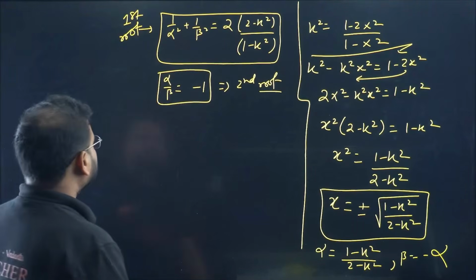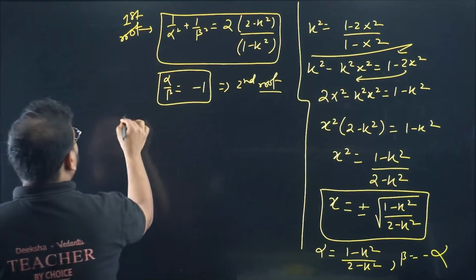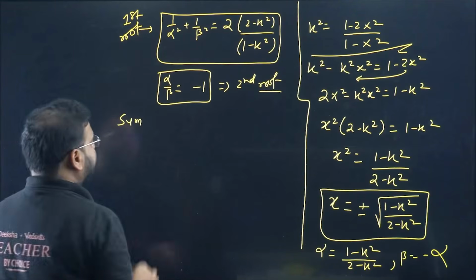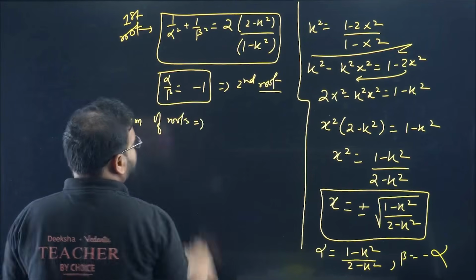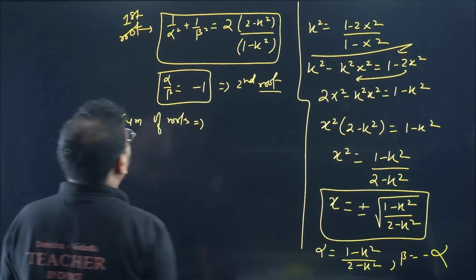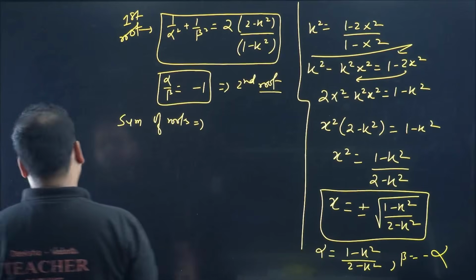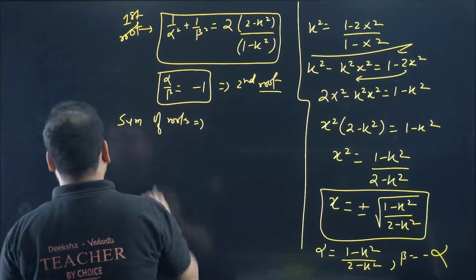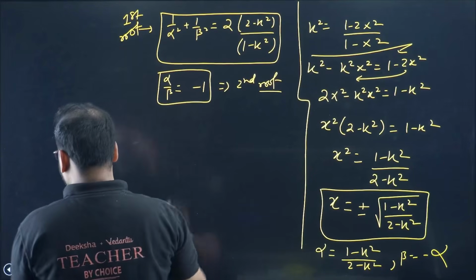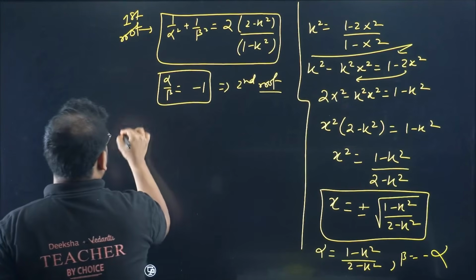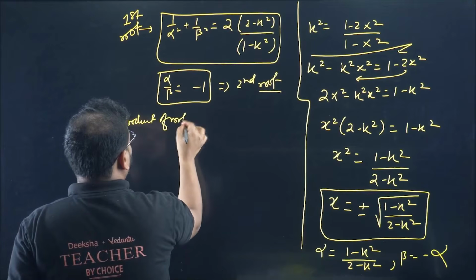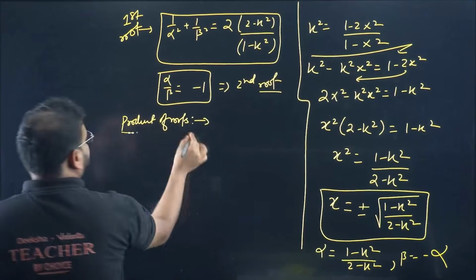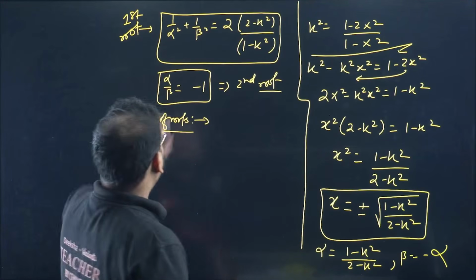Great. Now we're going to use the properties of quadratic. Sum of roots, have a look. Or before that we can do product of roots, I think. Yeah, let's do product of roots first, it'll be easy for us. When I do that product of roots, multiply these two.